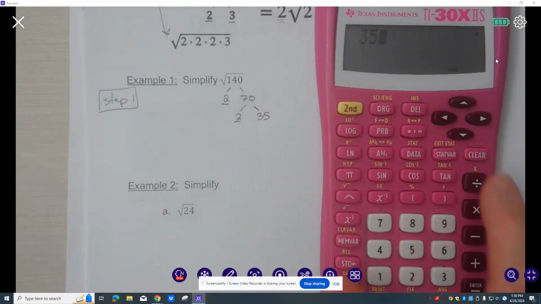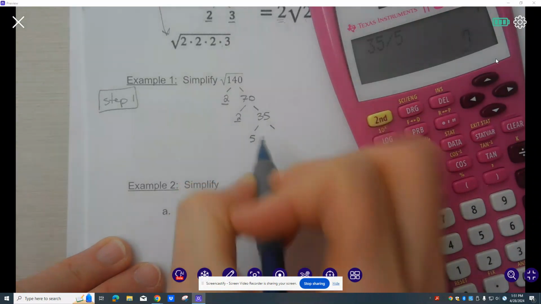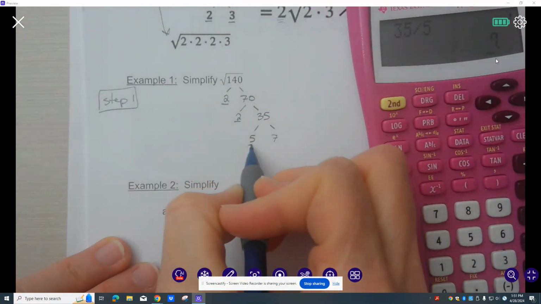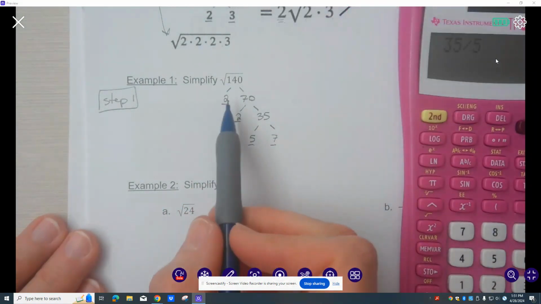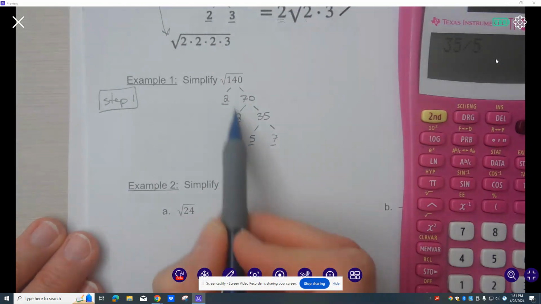I'm going to try 35 divided by 4. Nope, that's a decimal. I'm going to try 35 divided by 5. Oh, that gets me a whole number. And I notice it gets me 5 times 7. Both of those are also prime numbers. So all of these numbers are prime. So this is the bottom of my factor tree.